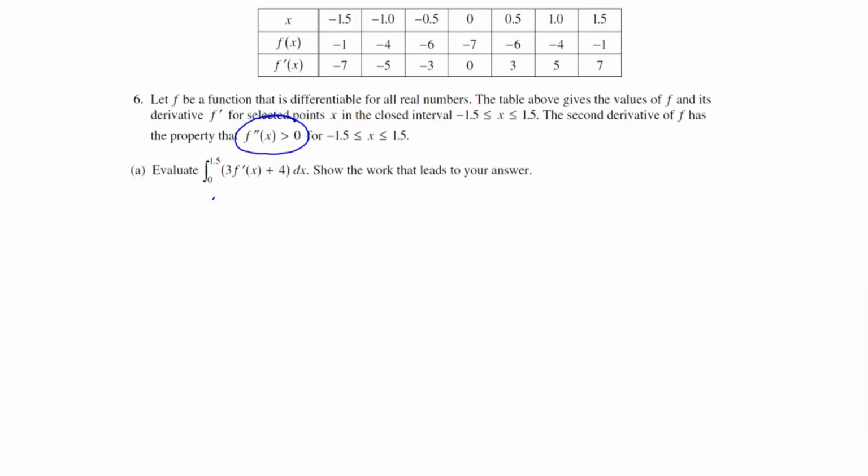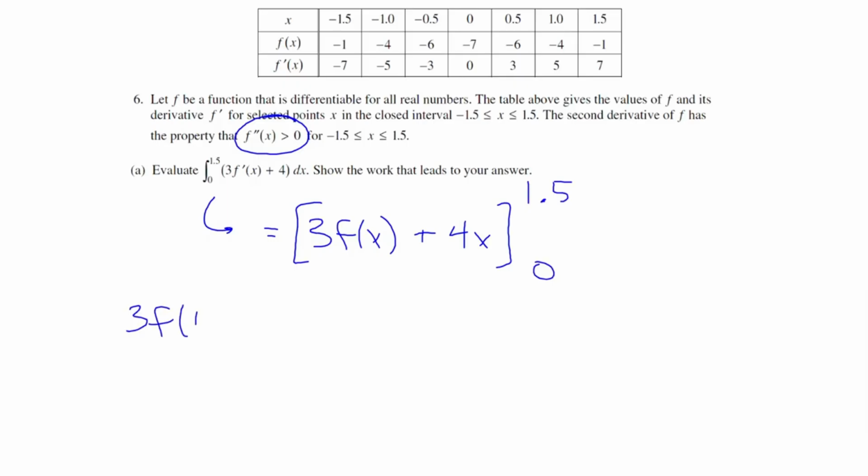Well, the integral of 3f prime is just 3f of x. And the integral of 4 is 4x. So we're going to evaluate this from 0 to 1.5. So that'll be 3 times f of 1.5 plus 4 times 1.5, which is 6. And then minus 3 of f of 0 plus 4 times 0, which is just 0. So then we'll just use our chart.